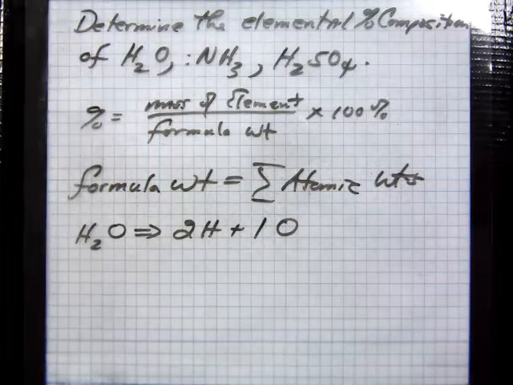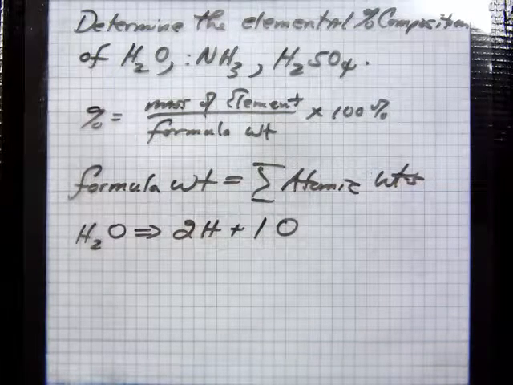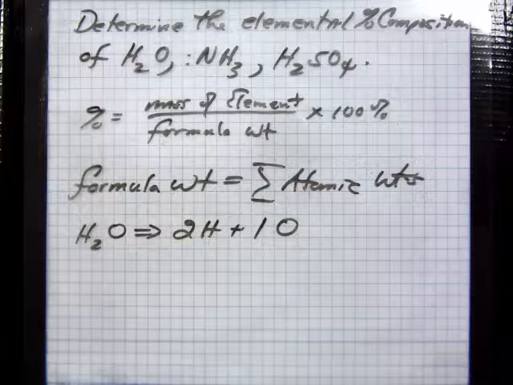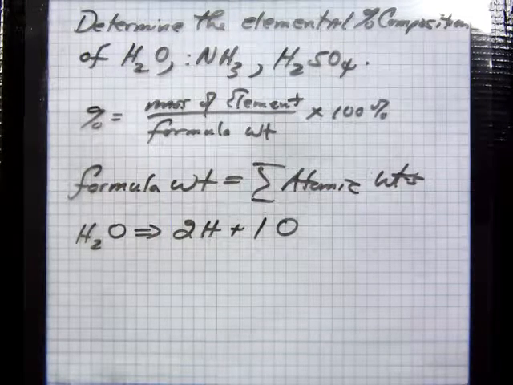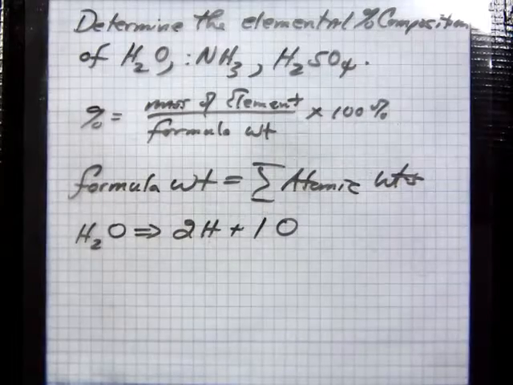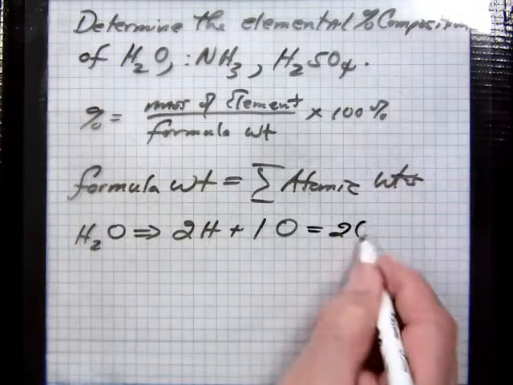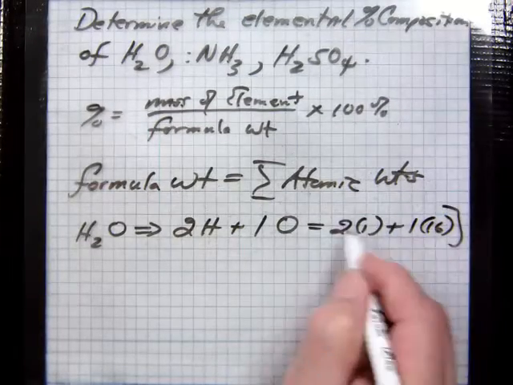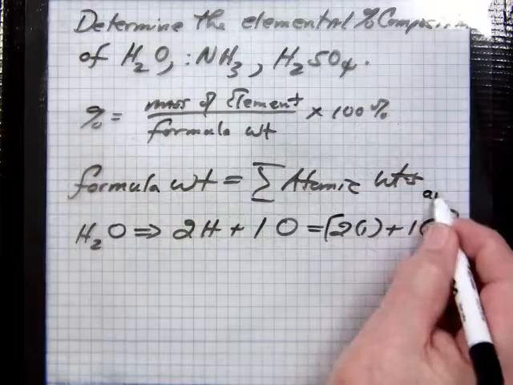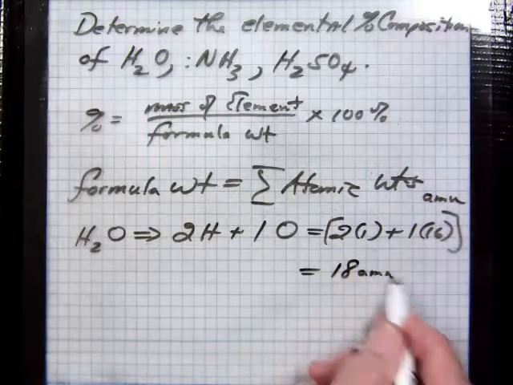To determine these specific figures you need for exam time, look at the answer choice. In the lab, you would always round everything to the instrument having the least number of sig figs anyway. So, long story short, I just go 2 times 1 plus 1 times 16, and of course this is in atomic mass units, and so that's 18 atomic mass units.